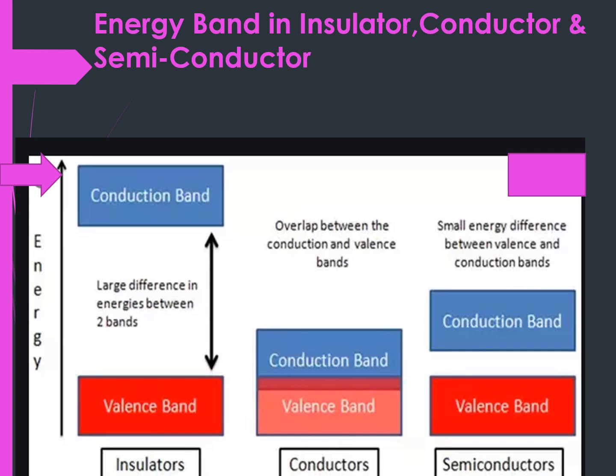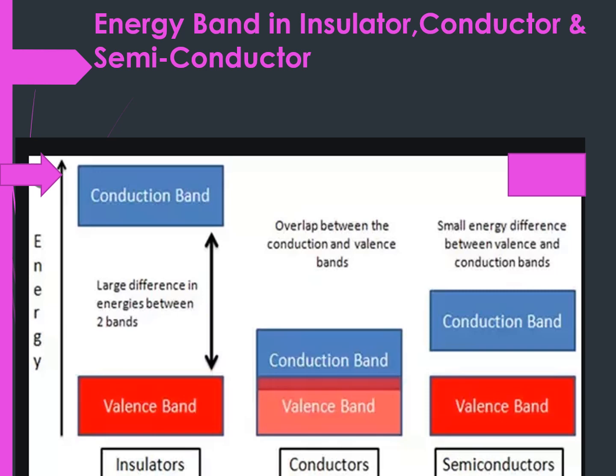Second case is of conductors. Now over here you can see only one diagram is given, but there are two possibilities for conductors. Number one, as you can see in this diagram, the valence band and the conduction band overlap each other. This is the first condition, where there is no gap, and the bands are also overlapping each other.